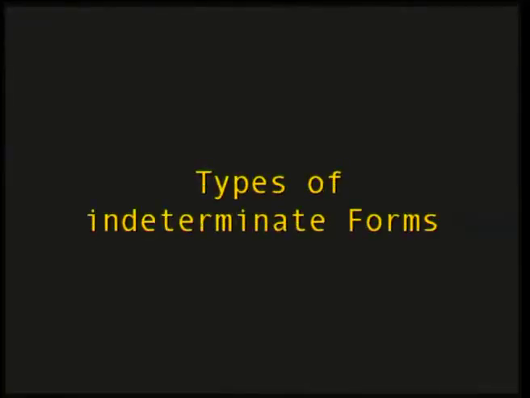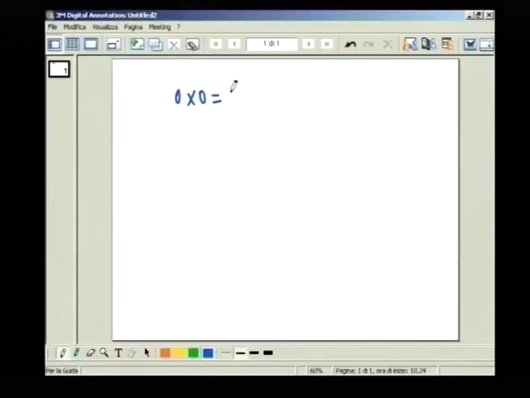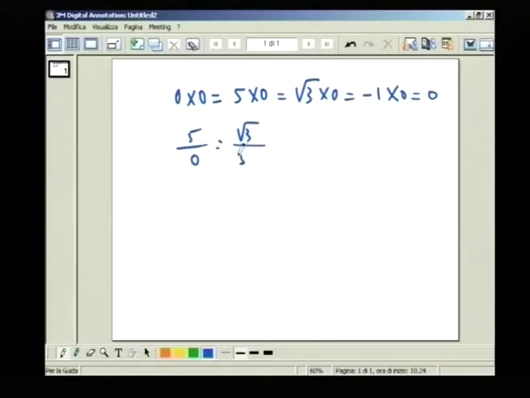Now, what are the indeterminate forms? When you say, for example, 0 multiplied by 0 is equal to 5 multiplied by 0 is equal to square root of 3 times 0 is equal to minus 1 times 0, all of these quantities are equal to 0. You can algebraically say, then, in this case, 5 divided by 0 is equal to square root of 3 divided by 5, because all of them actually are 0 over 0.